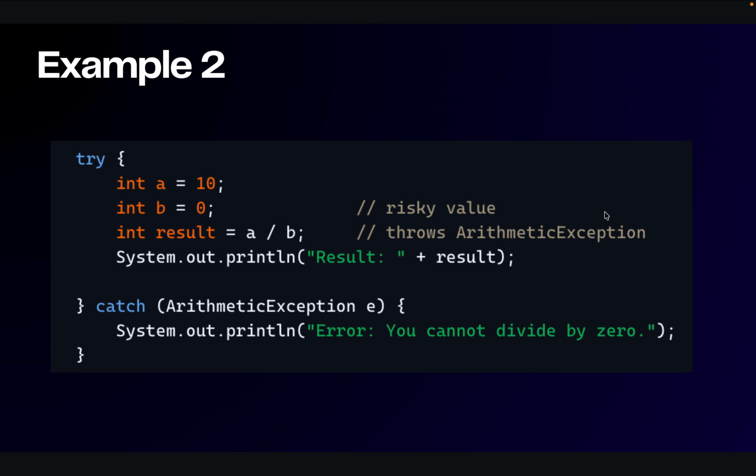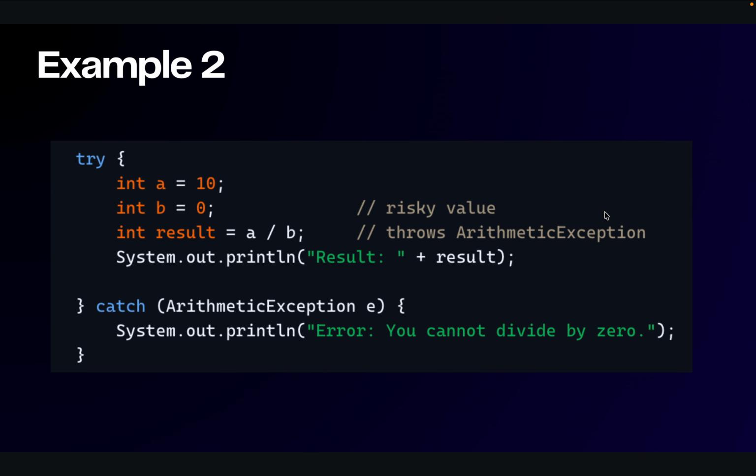So in this case, we're saying that, hey, we're going to try this code. Now, if that code, which we know what type of exception it is most likely going to throw, we're going to say in our catch block exactly what that exception is going to be. In this case, we're saying catch the arithmetic exception, again, because we expect that potentially an arithmetic exception can occur with our calculation.